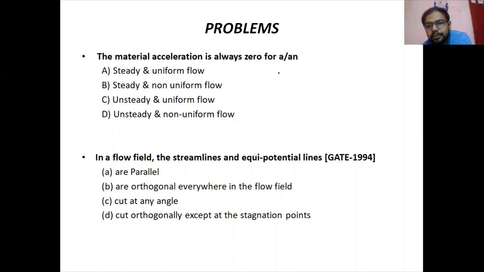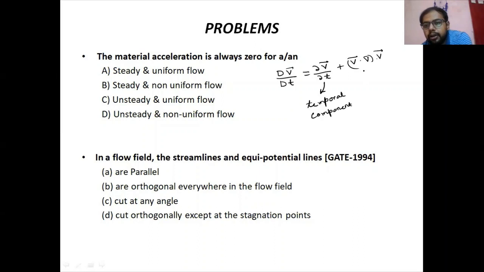Material acceleration, the total acceleration or substantial acceleration, is Dv/Dt. There is a temporal component, or local acceleration, and then there is the spatial part, which is the convective part, or advective, convective, they call it by many names.